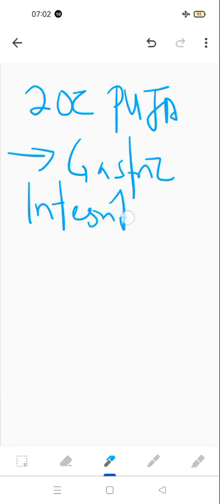And how do they do this? They help to proliferate gastric mucosa cells, so the cells produce more mucus. They also inhibit or reduce the synthesis of gastric acid, the stomach acid.